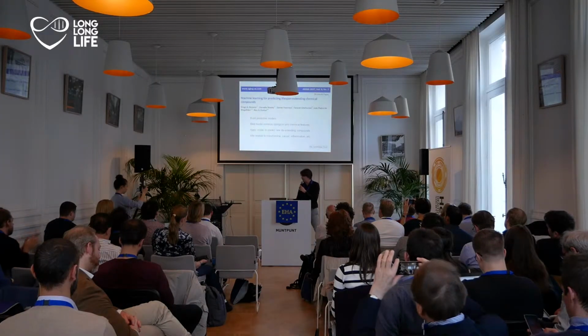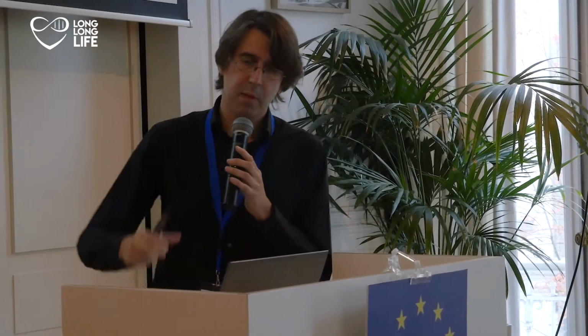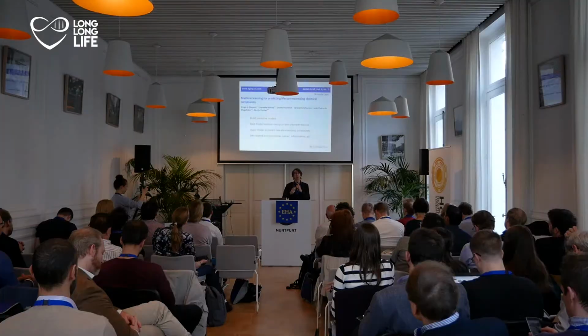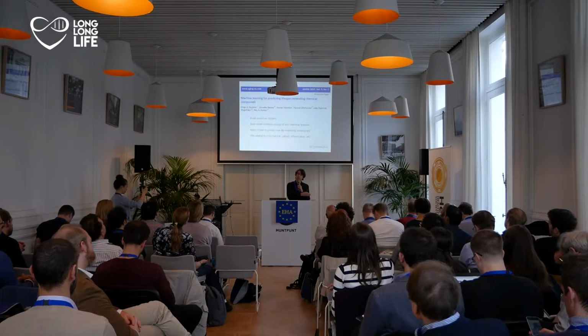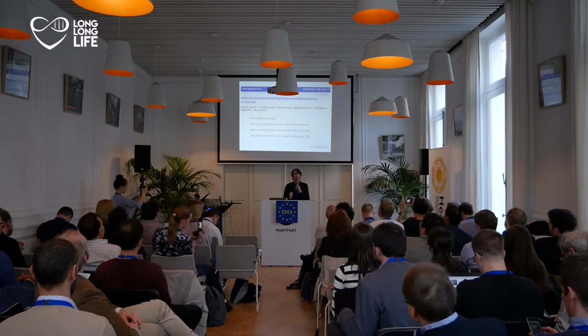This was done in collaboration with Alex Freitas in Kent, and it was funded by the Leverhulme Trust. This is another complementary approach in terms of drug repurposing. We employed network pharmacology, which I mentioned earlier, and this is machine learning based on the chemical and biological features of chemical entities.